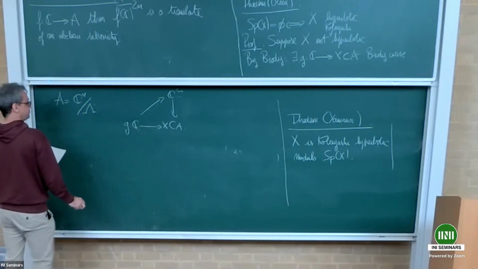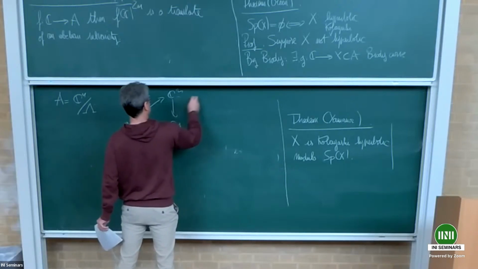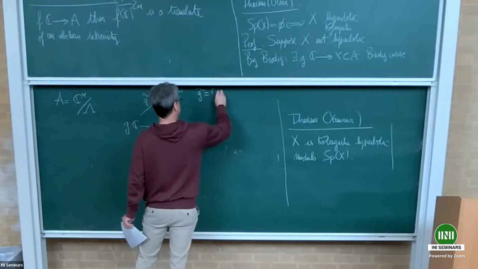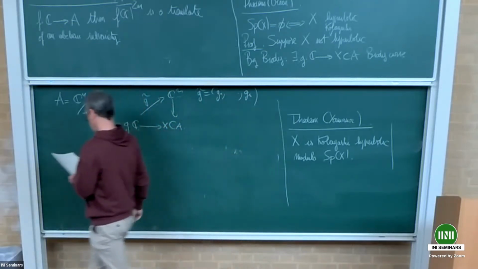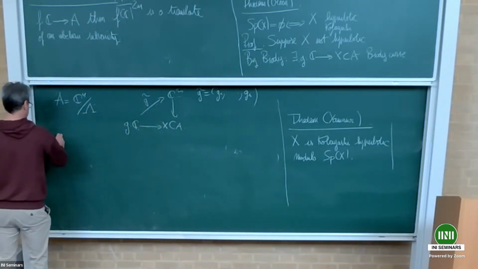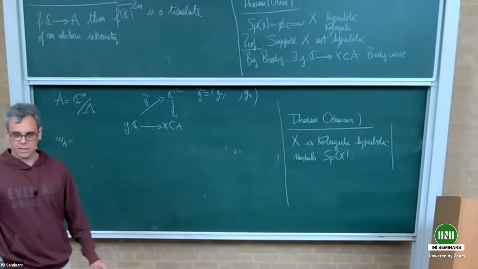So g tilde is represented by this holomorphic function. Now you pick the flat metric on C^n.